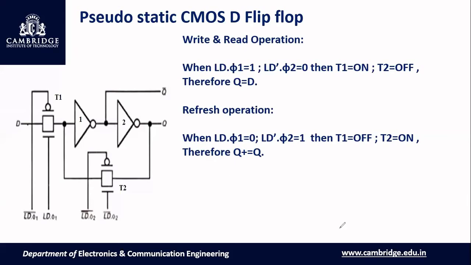You know, if you apply logic 1 for the gate of NMOS, NMOS will be on. If you apply logic 0 for the gate of PMOS, PMOS will be on. If we apply logic 0 for the gate of NMOS, NMOS will be off. If we apply logic 1 for the gate of PMOS, PMOS will be off. Simple.